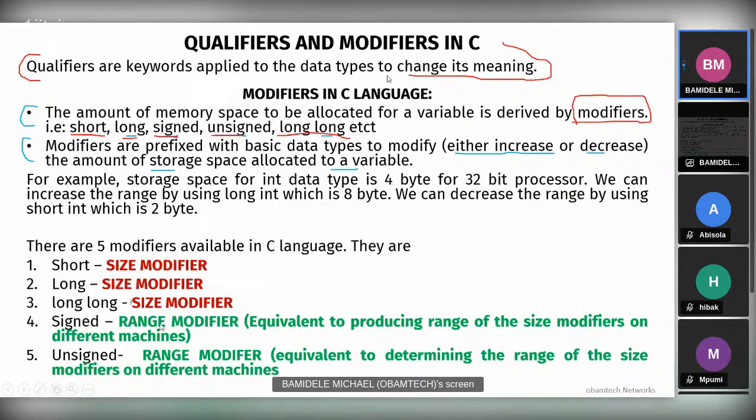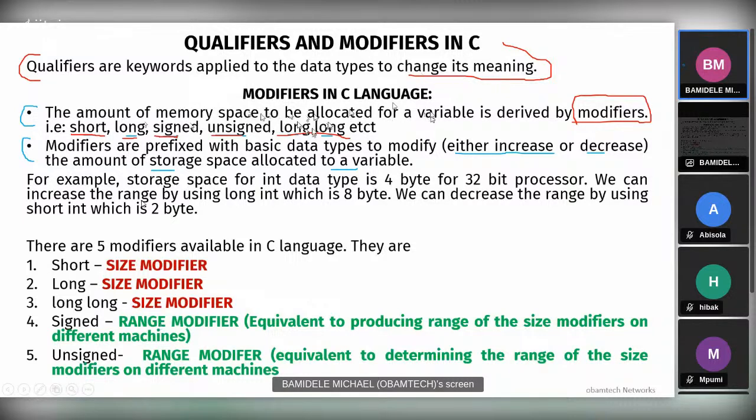They change the meaning or properties of that data type. What do we mean by that? They change the meaning or properties in the sense that they have an effect on the amount of space that variable is going to occupy in the computer memory, or the amount of space that variable is going to be given in the computer memory.